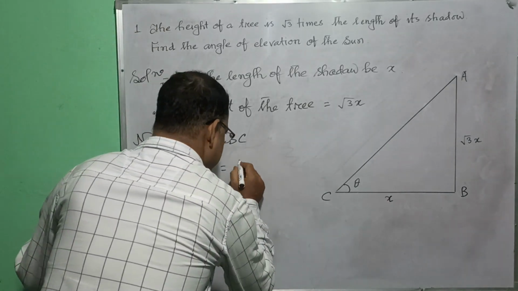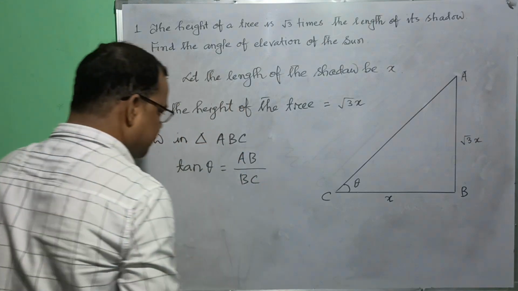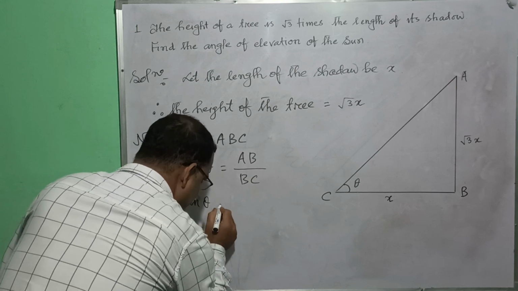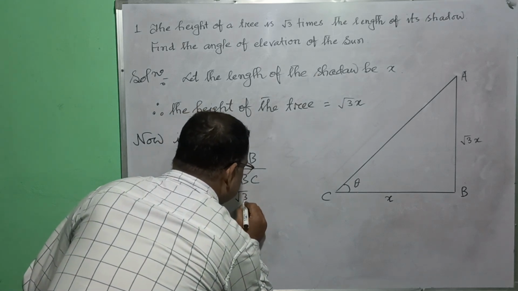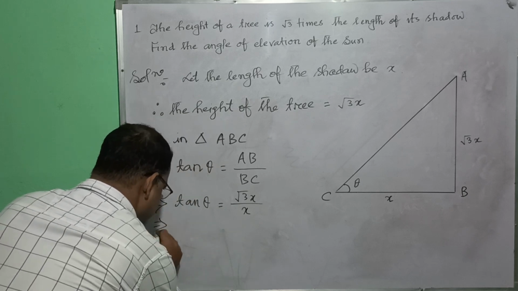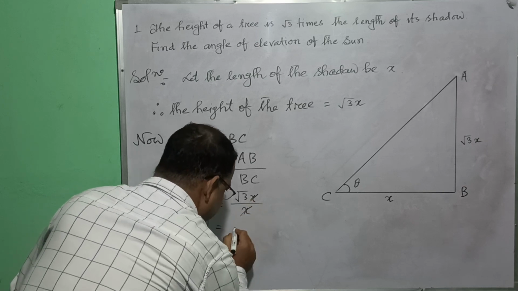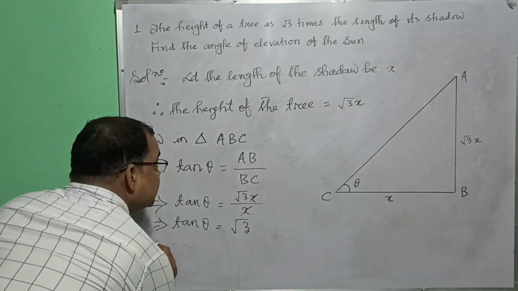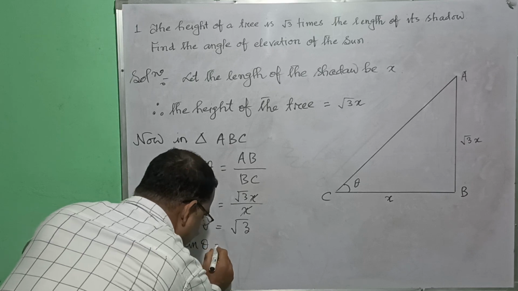So we can write AB by BC. So AB by BC, this implies tan theta equal to, AB is √3x, divided by BC is x. This implies tan theta equal to, x cancels, so it is √3.